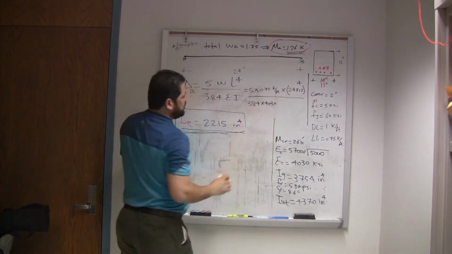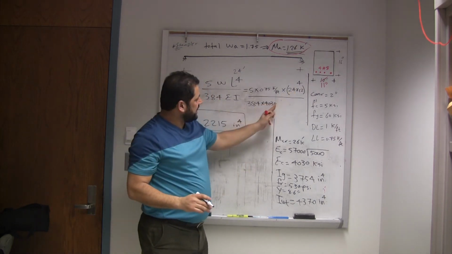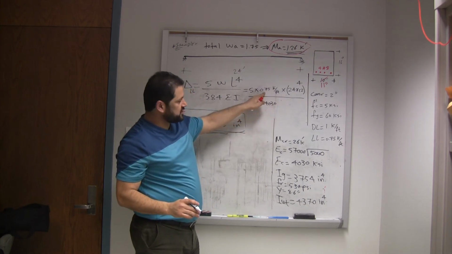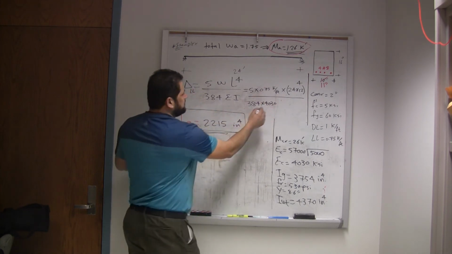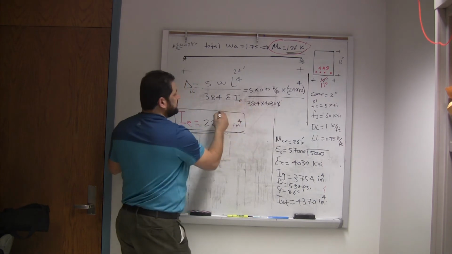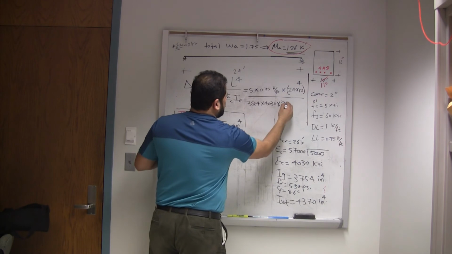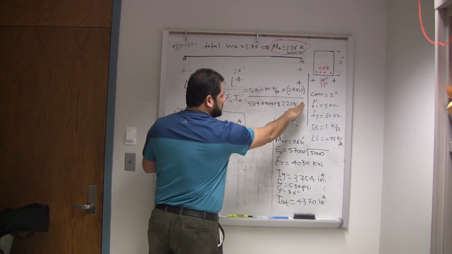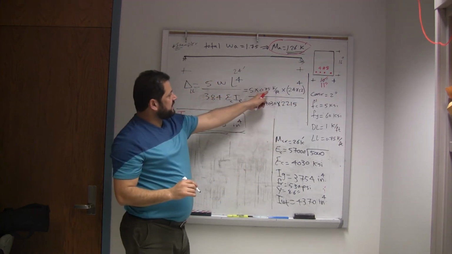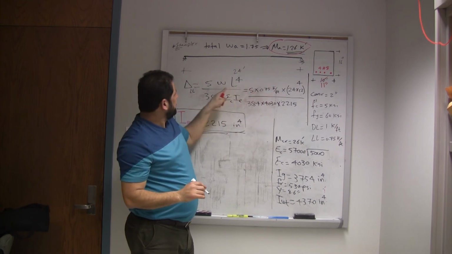It's in KSI. So everything is in inch and kept at KSI except this one here. I'm going to change it in a minute. Times I effective, the one we just calculated. So this is E c and this is I effective, which is 2215, and this is also inch to the power 4.